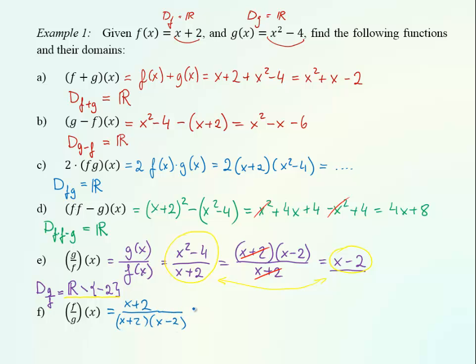As before, we are allowed to reduce, but we have to keep in mind that after the reduction, the resulting expression is equivalent to the original one in the domain of the function f divided by g, which is all real numbers except for the numbers that will make the g function 0. That means this denominator 0. So except for -2 and 2.